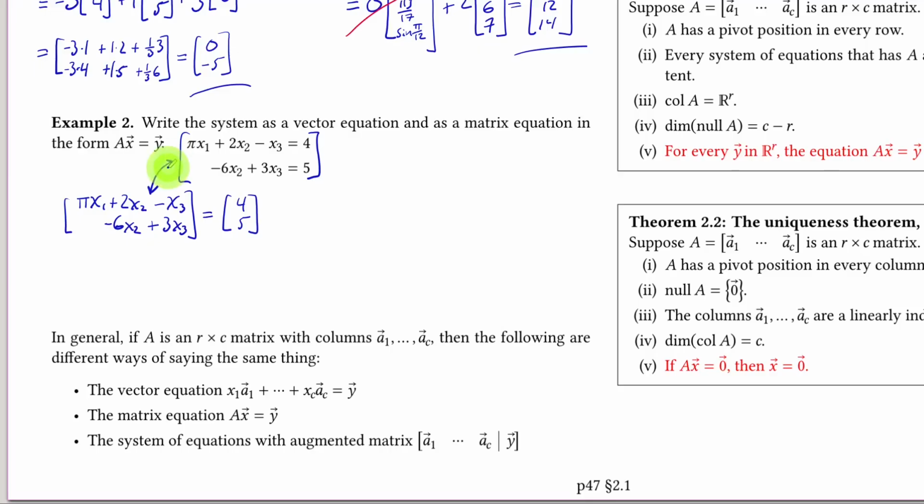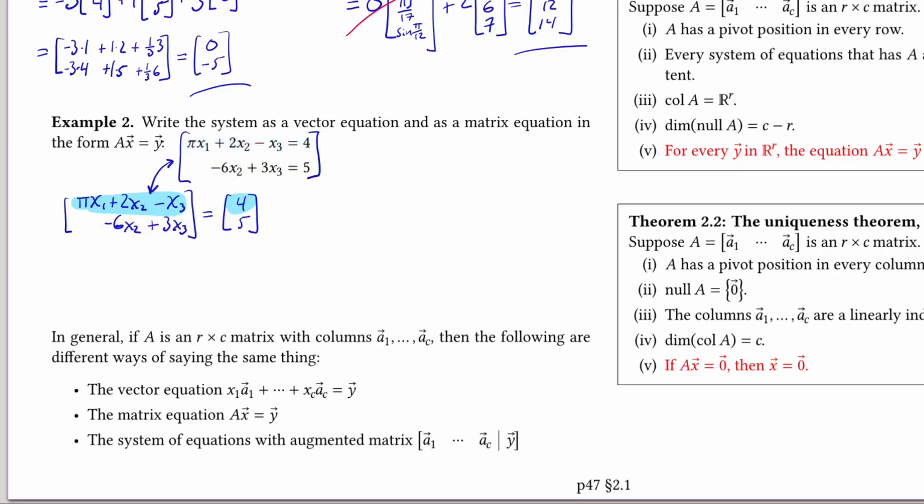These two vectors are equal to each other if and only if the first component on the left side is 4, which means the first equation in the system is true, and if and only if the second components are also equal, which means the second equation is true.